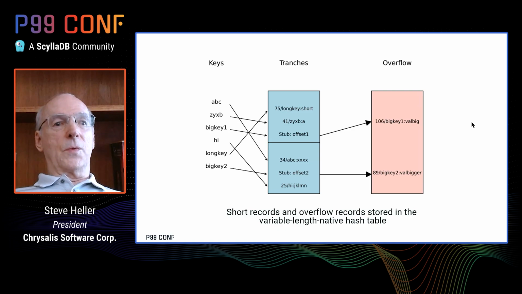But that's not the only efficiency to be gained with this design. The entire hash table is now a file-formatted table because the index space, tranche array, and overflow space consist of one or a few contiguous chunks of memory rather than scattering data across the address space as in pointer-heavy setups.